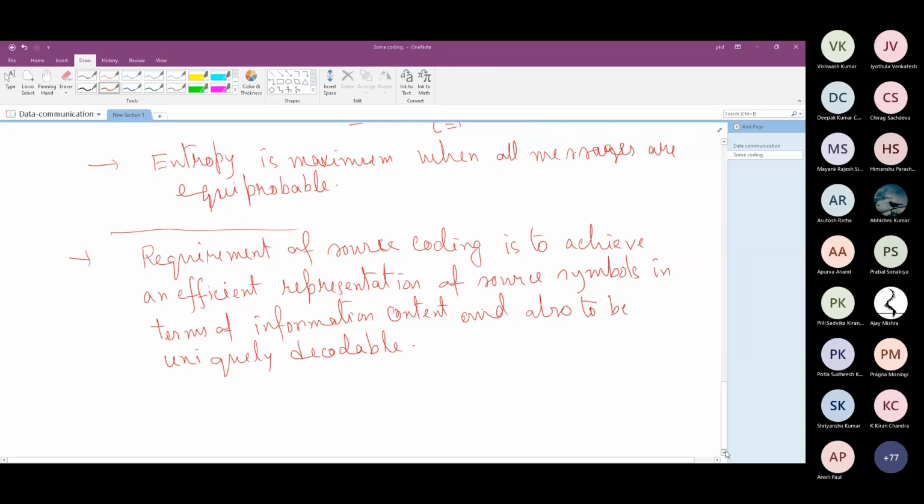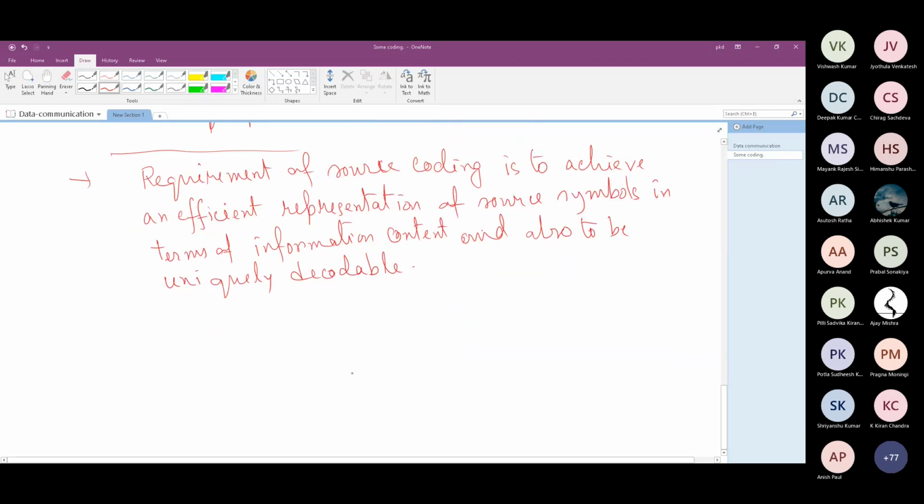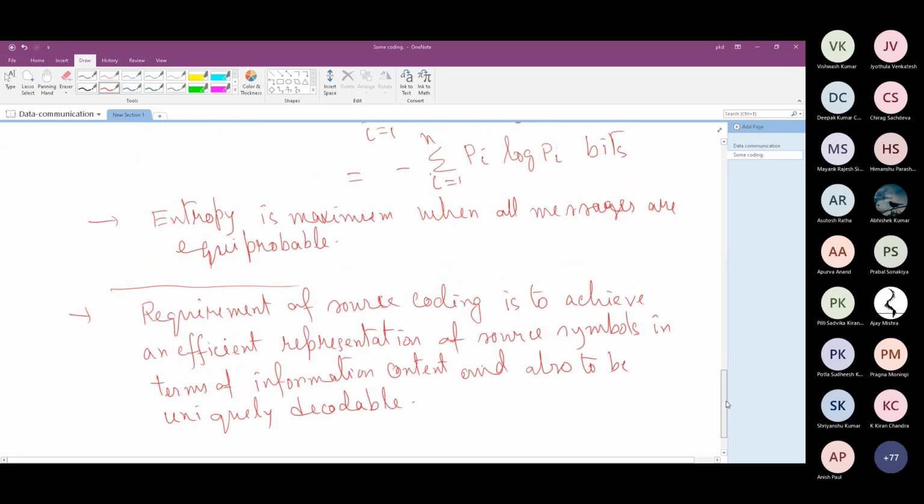For example, Sir, what is bandwidth requirement?